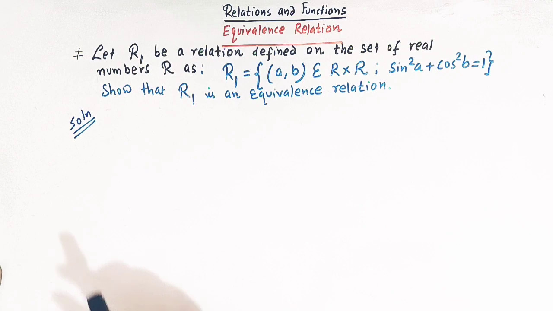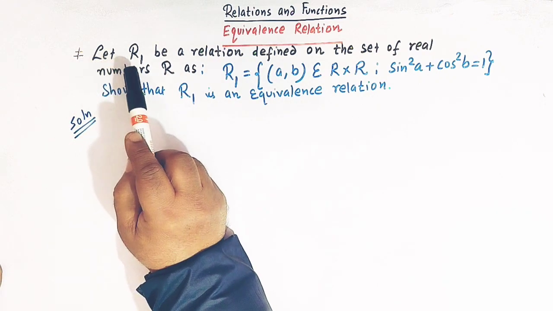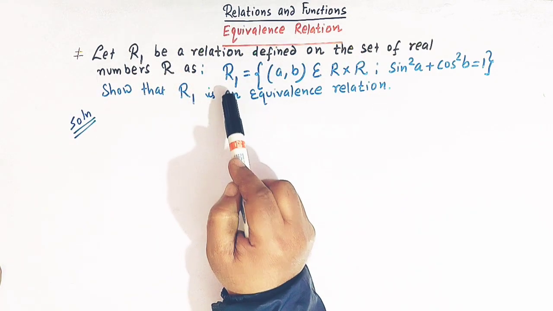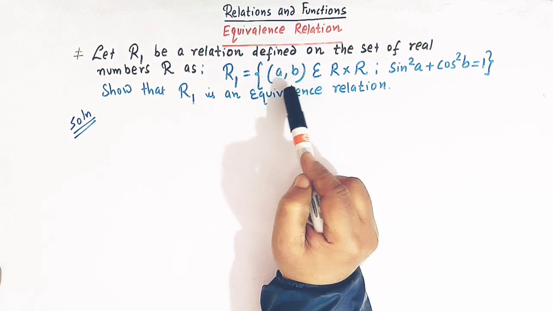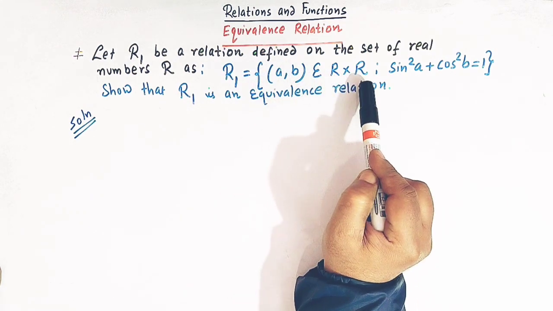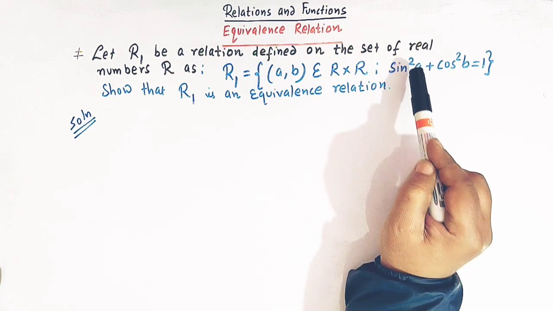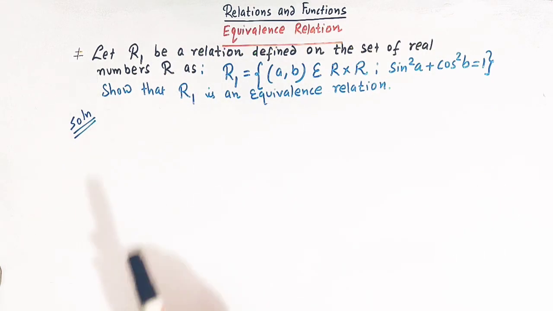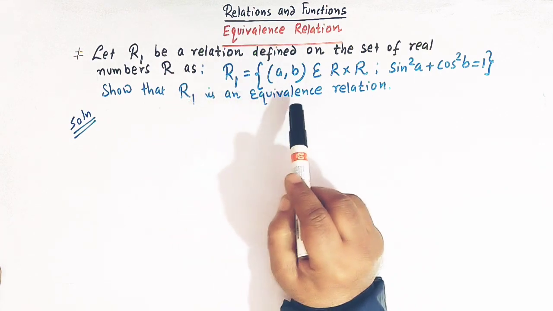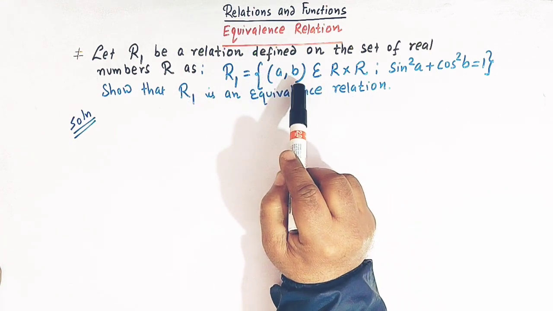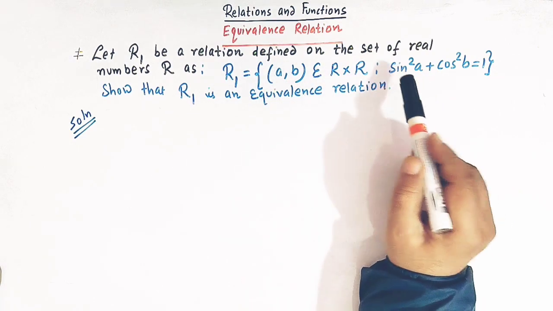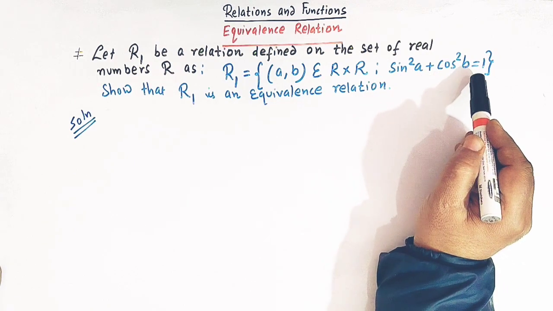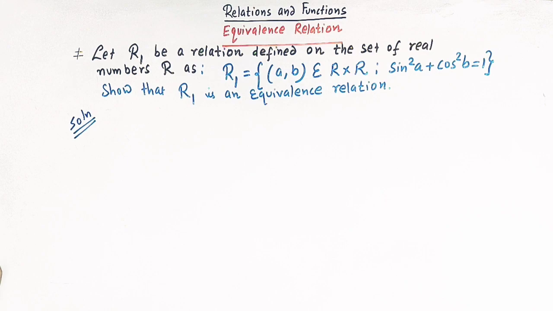So here we have a problem in which we are given that R1 is a relation defined on the set of real numbers R, as R1 is defined as all ordered pairs A comma B belonging to R cross R, such that sine square A plus cos square B is equal to 1, and we have to show that this relation R1 is an equivalence relation for all ordered pairs A comma B which satisfy this relation, that is sine square A plus cos square B is equal to 1. So let us start.